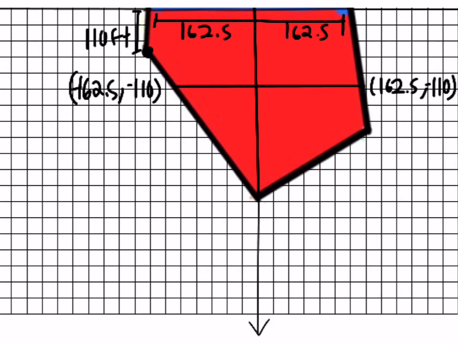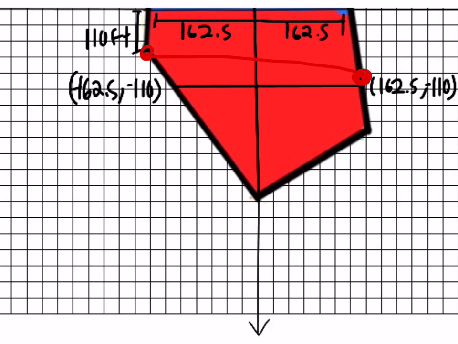And as we know, parabolas are symmetrical on both sides, so if we reflect this point over the y-axis, it will be 162.5, comma negative 110. Doesn't it sound familiar? It is the same as the curve that we did before.